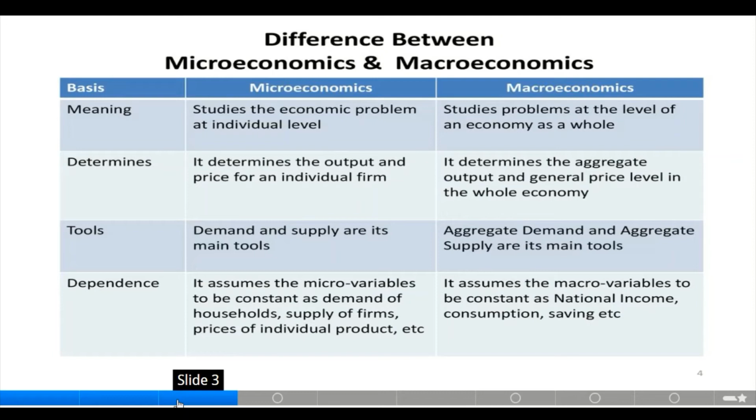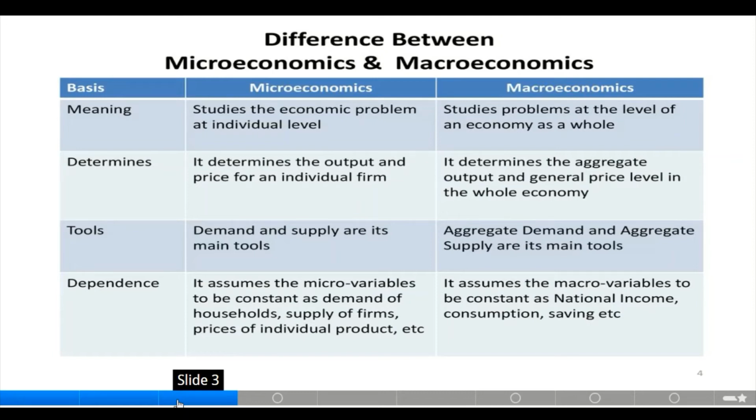Now, based on tools, in microeconomics demand and supply are the main tools, while macroeconomics' own tools are aggregate demand and aggregate supply.